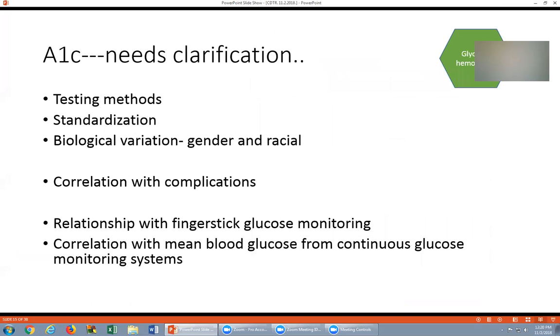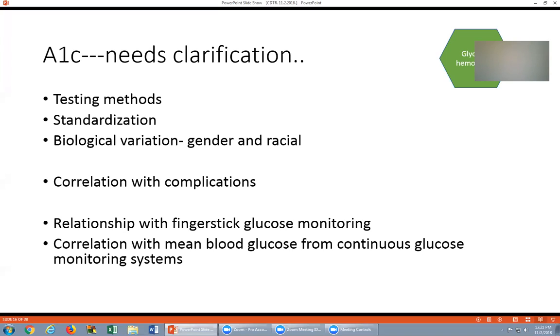So that took us then to, should we do something to clarify what an A1c is? First of all, the testing methods are different. Standardization is still being worked on. And then we don't understand the biological variation, whether it's gender or racial. We know there's a correlation with complications, but that's about all we know.